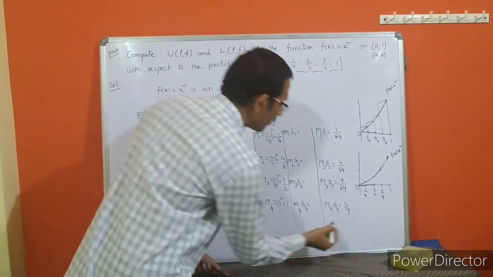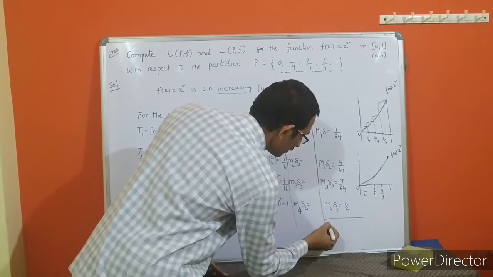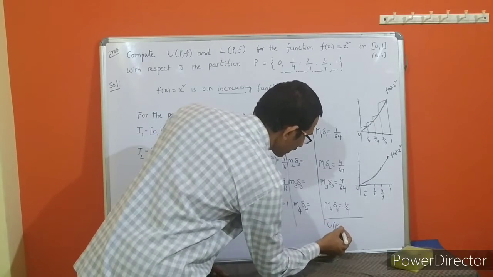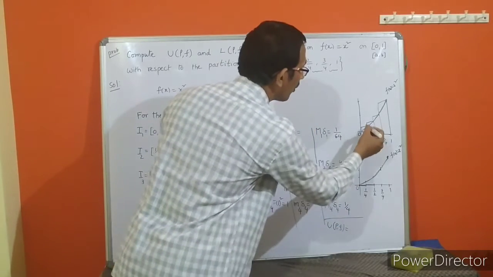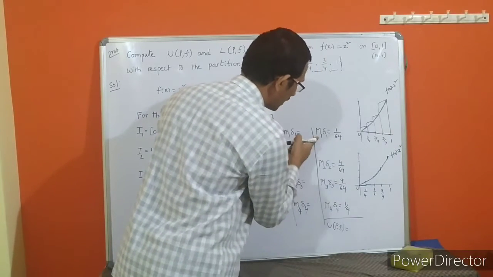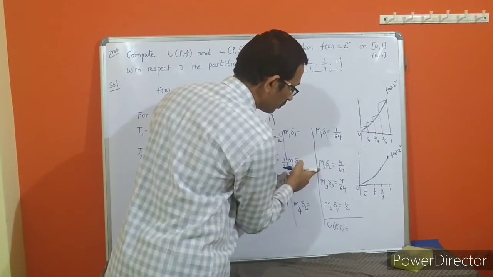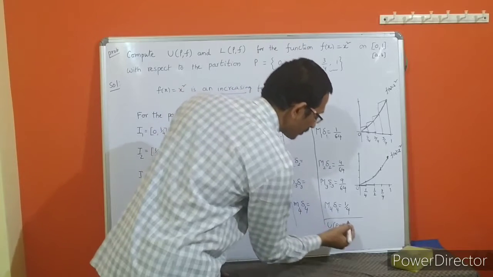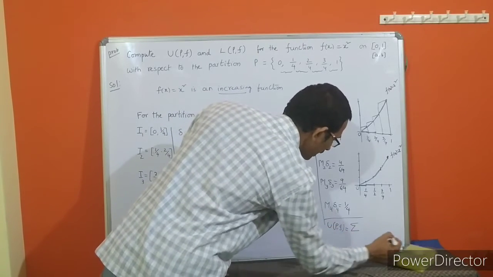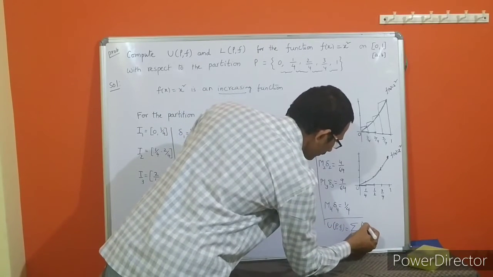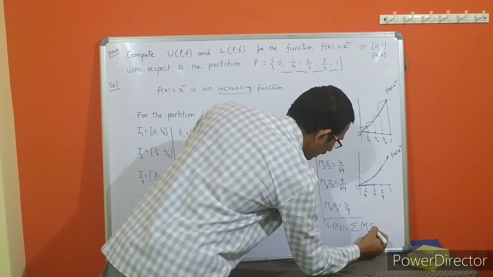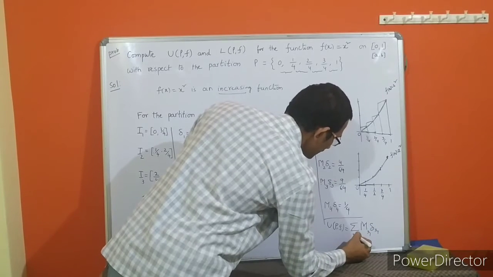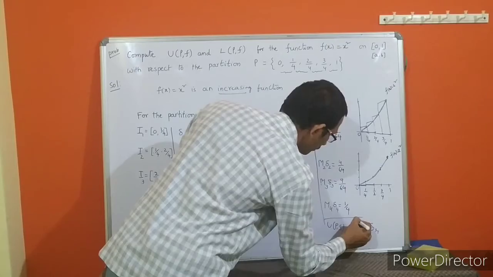Right? Now, if you want UPF, what is UPF? UPF is nothing but the sum of all areas. That is M1 delta 1 plus M2 delta 2 plus M3 delta 3 plus M4 delta 4, or I shall write simply the sum of MR delta R, where R is equal to 1 to 4.